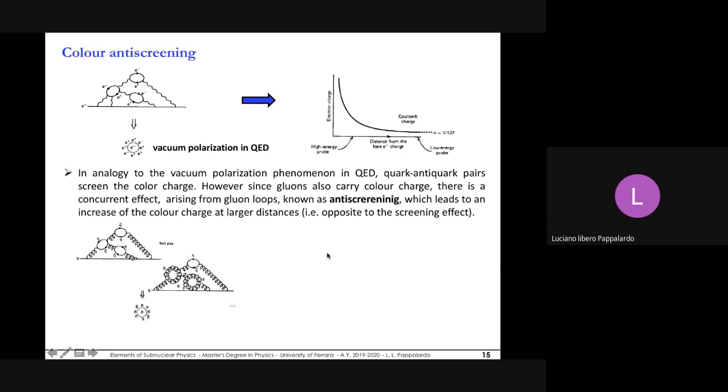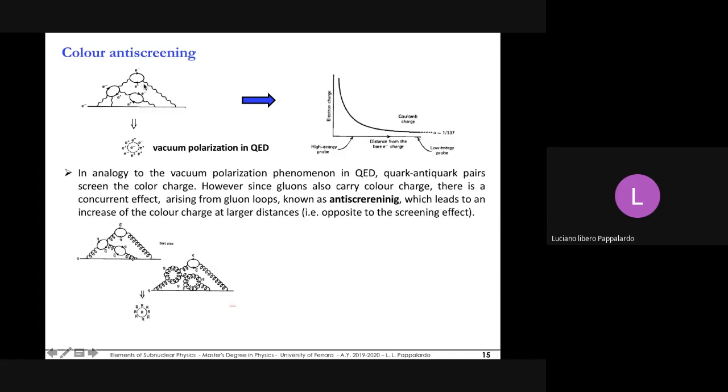However, since also gluons carry charge, there is a concurrent effect which arises from gluon loops that you see here now, okay, which acts in the opposite direction. It is called anti-screening, okay, and in fact it leads to an increase of the color charges at large distances. So it is opposite to the screening effect. So essentially in QCD we have both effects, okay.